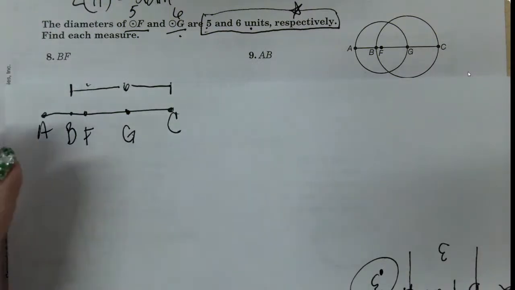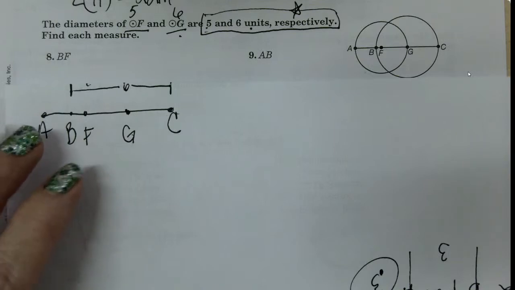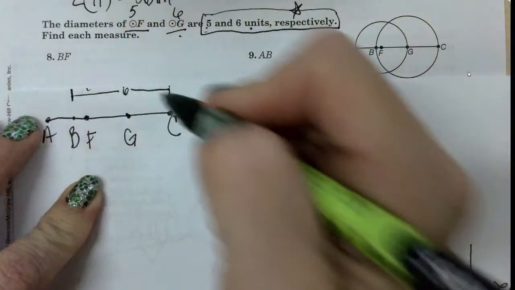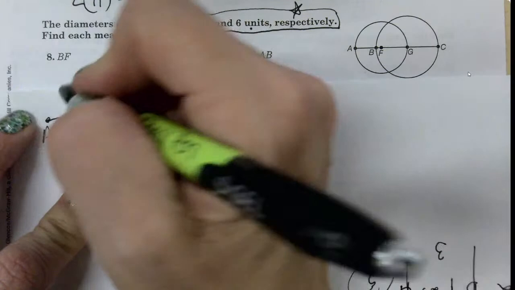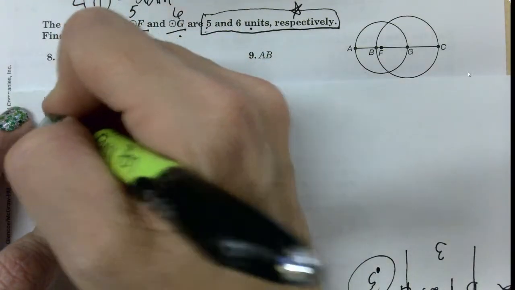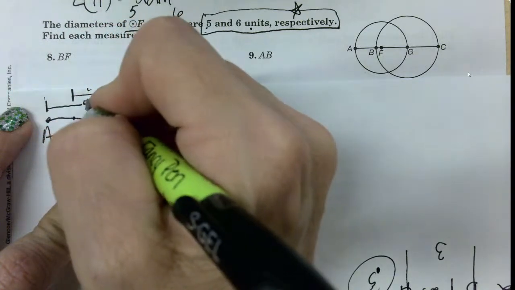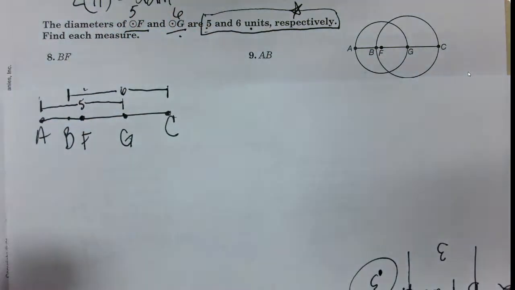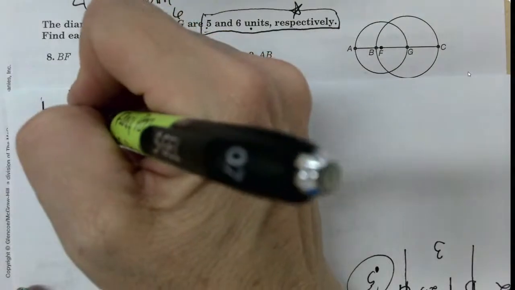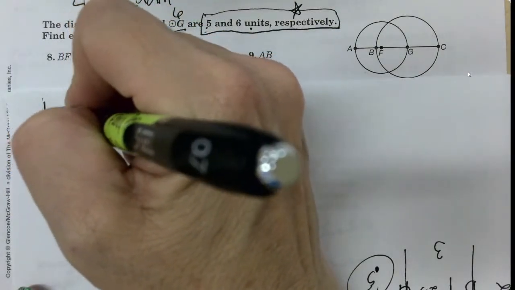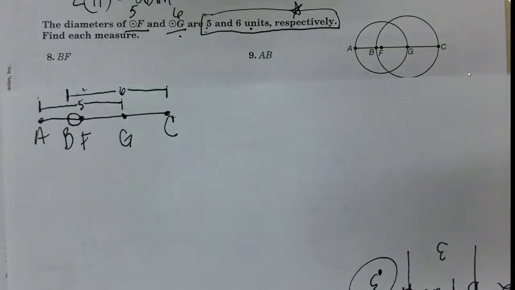And then they tell us that F, which this is it, F here, goes from A to G, right? So from A to G, like right here, is 5 units, okay? Now, we're wanting to find this piece right here, but just using diameters is going to make that difficult.